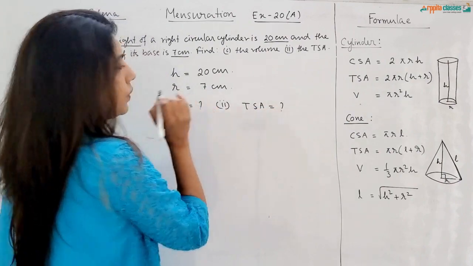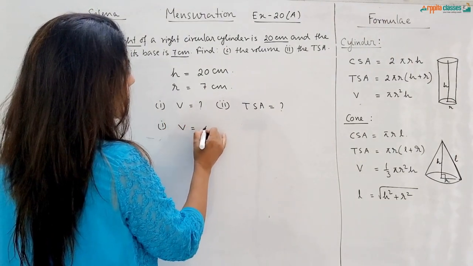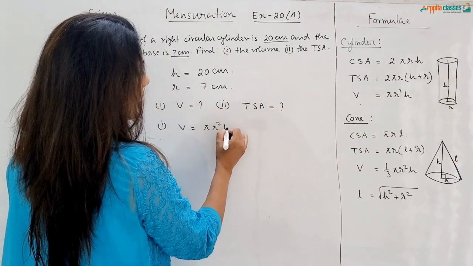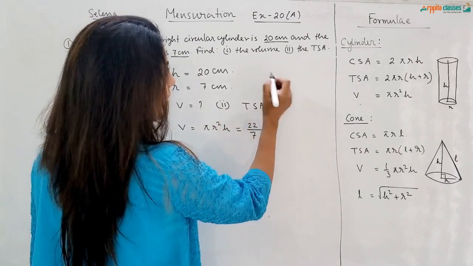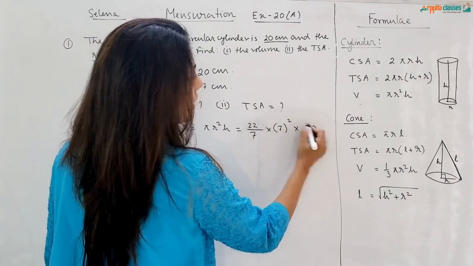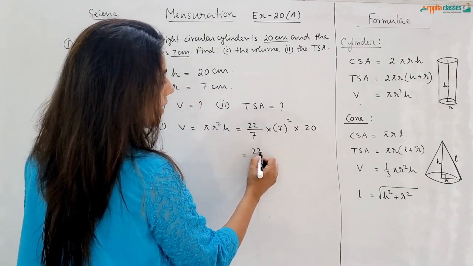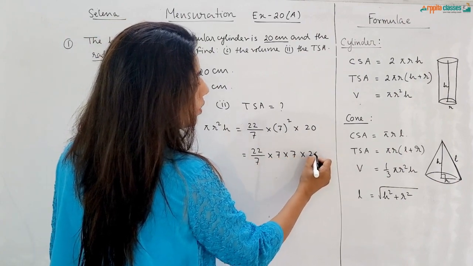Okay, so let us write down the formula for the volume. Volume is pi r square h. Pi is 22 by 7. R square, r is 7, so it will be 7 square into h is 20. So further we can write 7 square as 7 into 7 into 20.